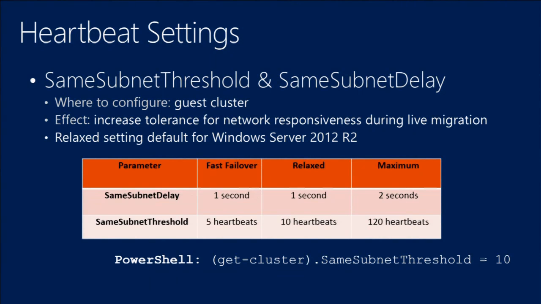But in Windows Server 2012 R2, for VMs by default, we've set it to the relaxed setting. So your same subnet threshold by default in Windows Server 2012 R2 is 10. And we'd recommend that you consider tweaking this setting for your guest clusters in perhaps 2008 R2 and 2012 as well.